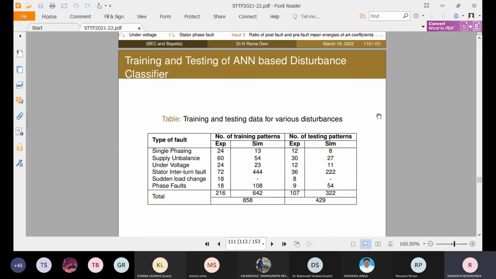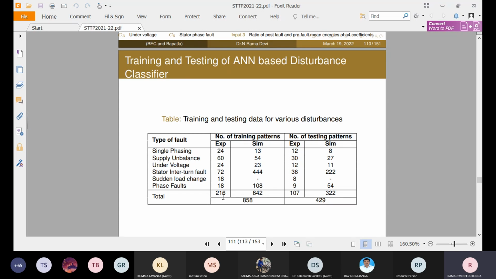So the training and testing data is required for the ANN. Overall, from the generated data, 75% is given for the training and the remaining 25% is given for the testing. Here the training and testing data is created making use of simulated results as well as the experimental setup.